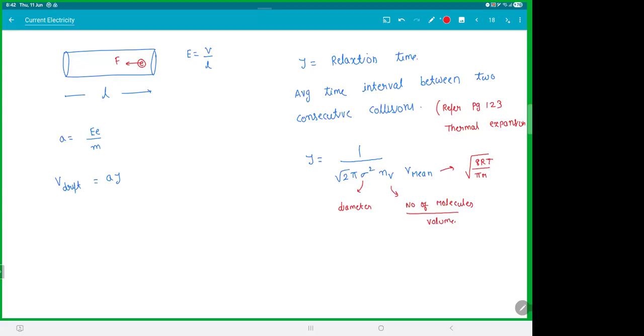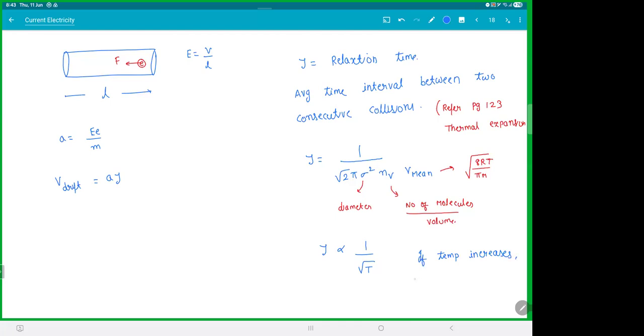So you can clearly see this tau is proportional to 1 by root temperature. Means if you increase the temperature, electrons will go faster. If they go faster, they'll collide faster. That means the time interval between them will decrease. And we will use that later on, but that's a little discussion about tau.